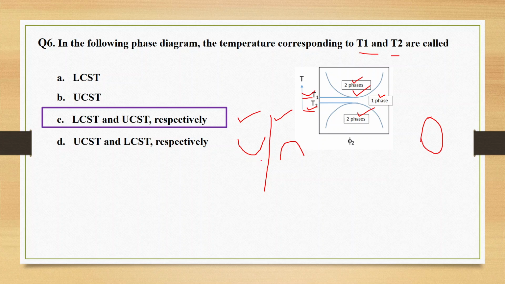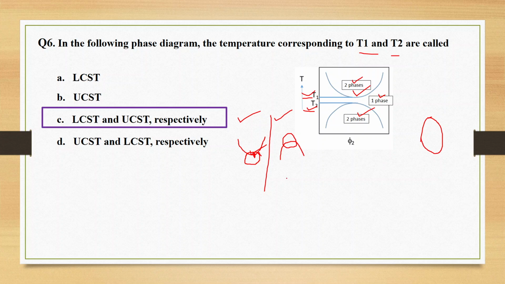Which point are we most concerned about? This point and this point. Every time we are concerned about these two points. Those who have a problem remembering, just think: in this curve, this particular point that you are concerned about, where the phase becomes one at that particular concentration, resides in the lower part of the curve.